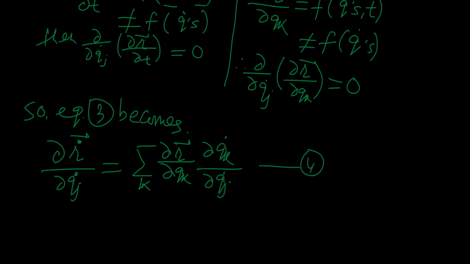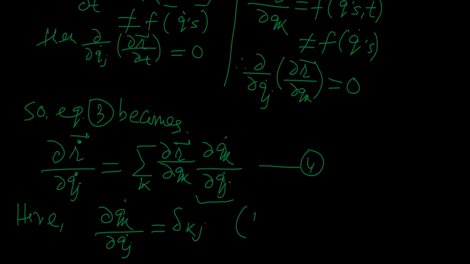Now see here what this quantity means. In fact, this quantity ∂q̇k/∂q̇j is denoted by the symbol δkj, and this is known as the Kronecker delta.